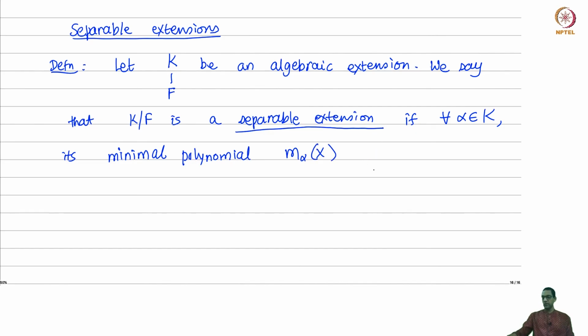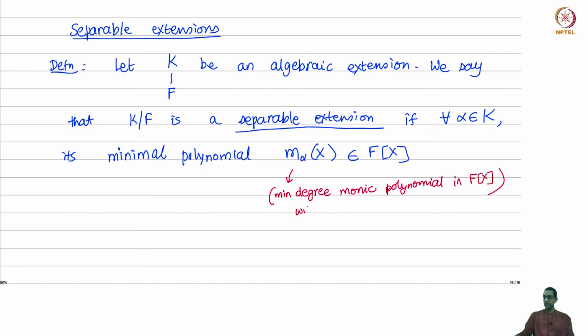I mean the minimal degree monic polynomial in F[x] with alpha as a root.